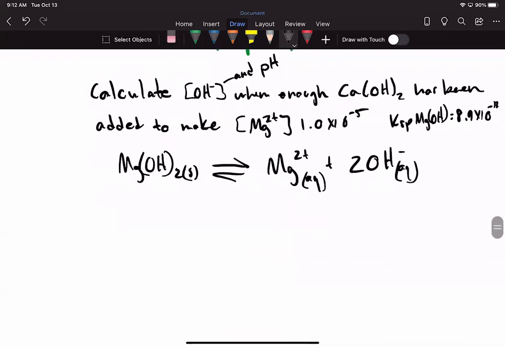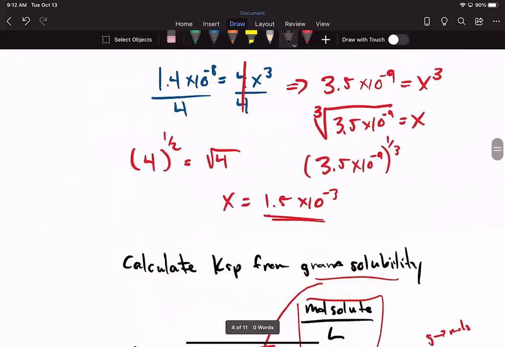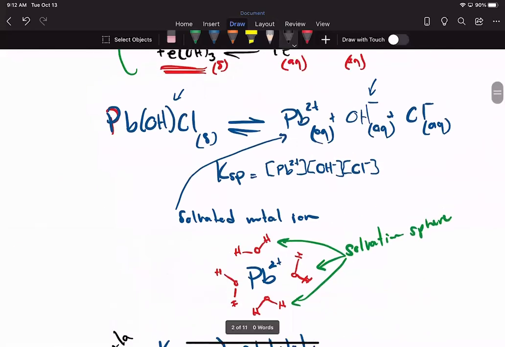Looking at this reaction, we do have this final concentration. Remember, back at the very beginning of lecture, we already looked at these kinds of problems.